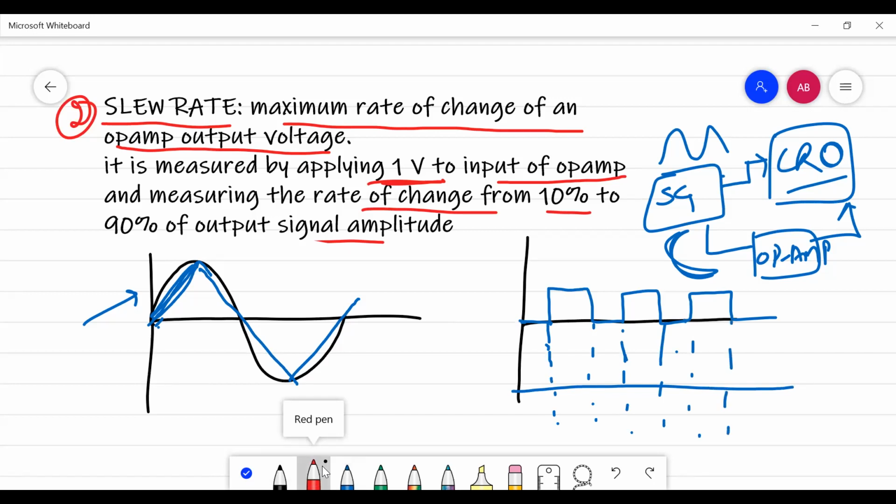When the input has gone from 0 to, let's say, 1 volt, within an instant, the output will start rising, and it will take some time to rise to 1 volt, and then it will reach its constant value. After that, let me just draw it a little.